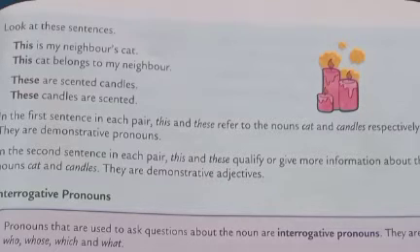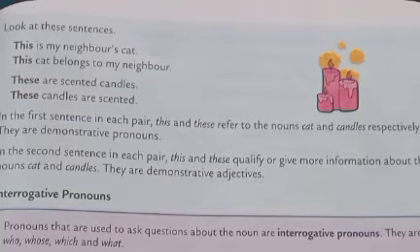In the first sentence of each pair, "this" and "these" refer to the nouns cat and candles. Here we are referring to the nouns cat and candles. They are demonstrative pronouns. So here a verb came after "this" and "these".